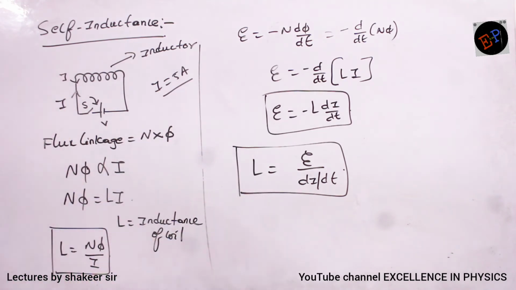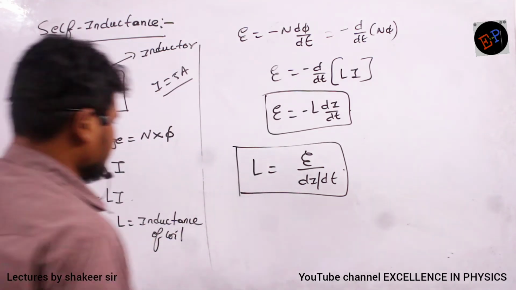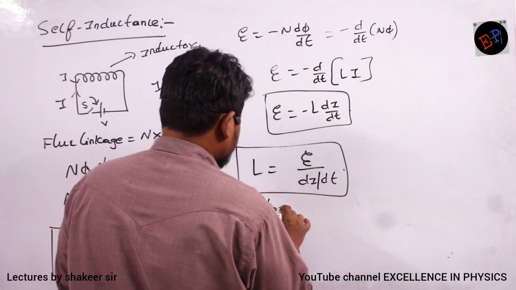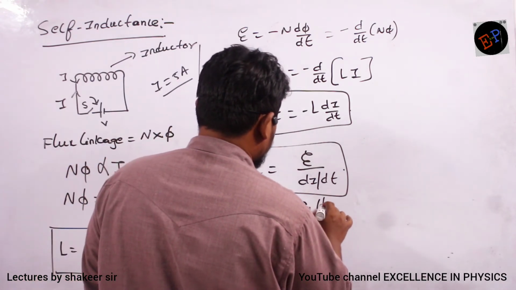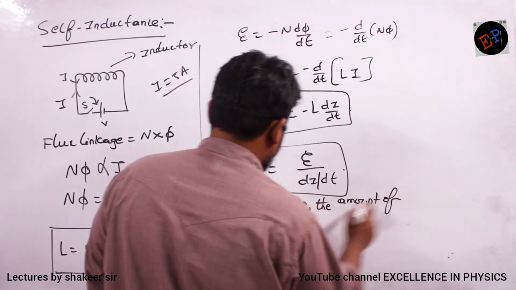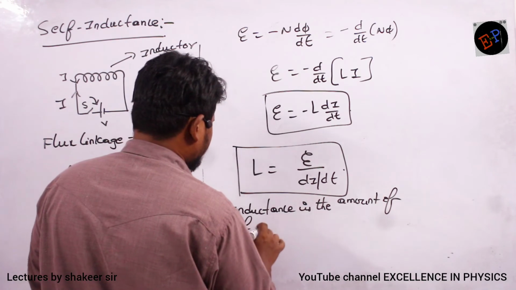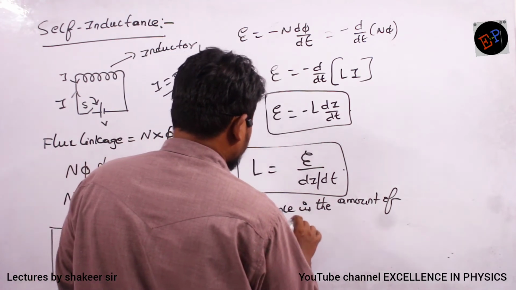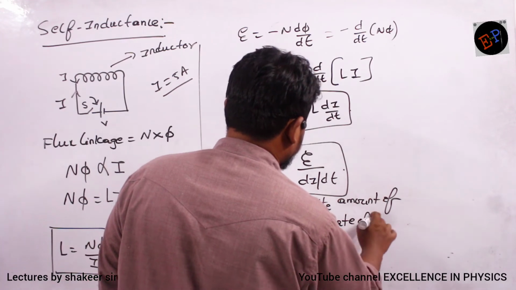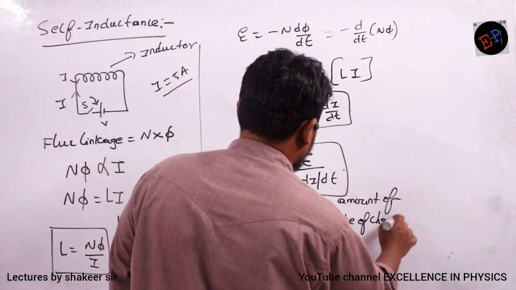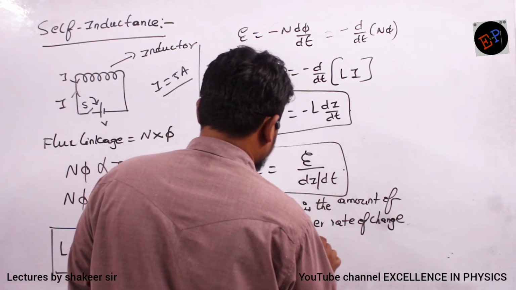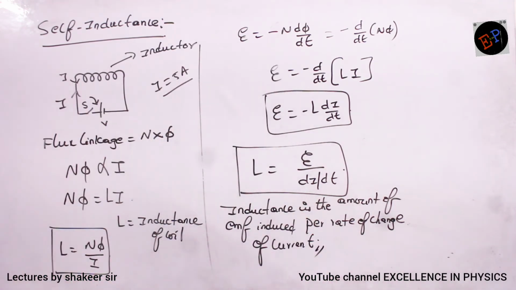You can define it like that also. So what is meant by inductance? Inductance is the amount of EMF induced per rate of change of current. Are you able to understand now? That's it.